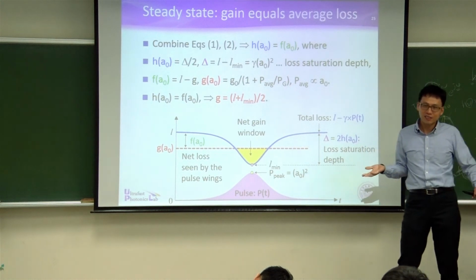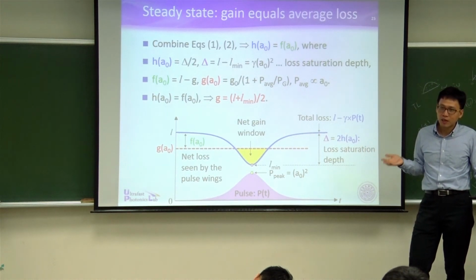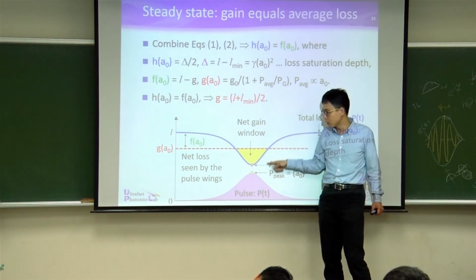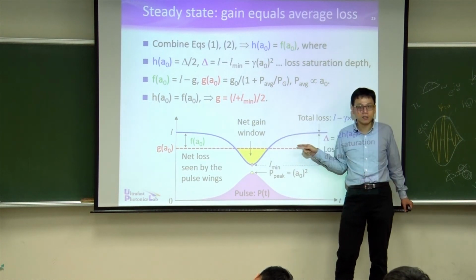It's not the steady state solution. But interestingly, the red curve will change with peak power as well. How does it change?